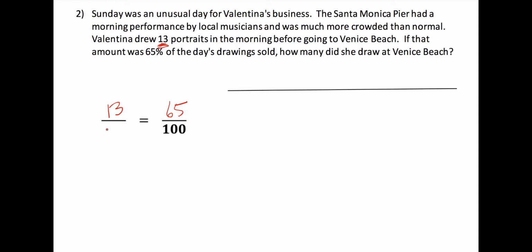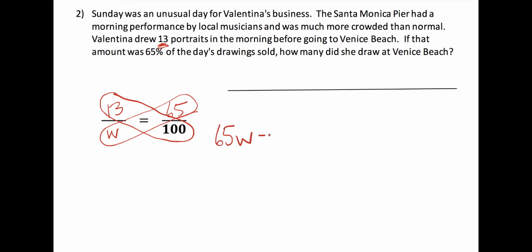So let's go ahead and put in W again. That'll be our variable. And let's draw our butterfly. Eventually I'll get good at drawing butterflies on the computer. There's our butterfly. All right, so W times 65 is 65W.